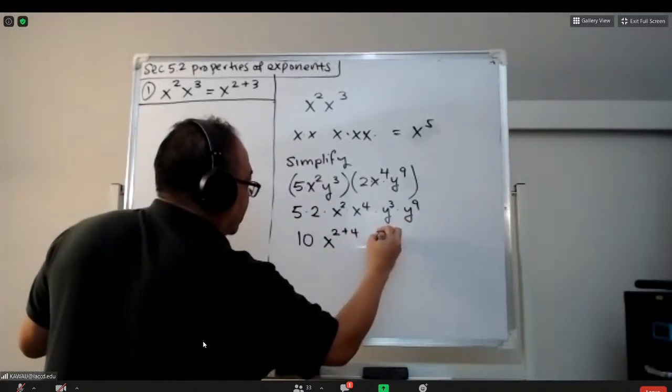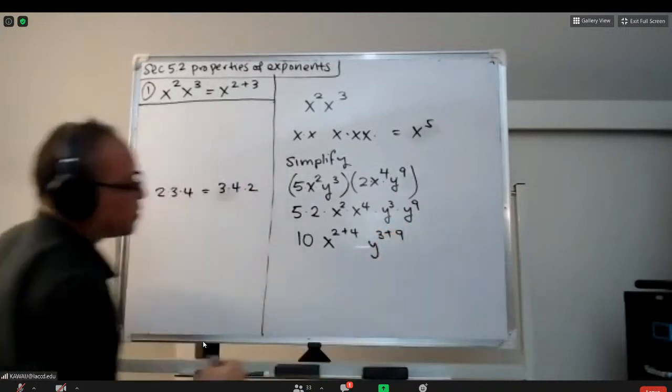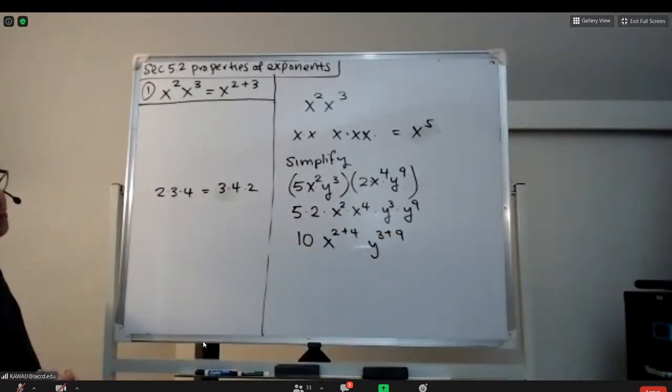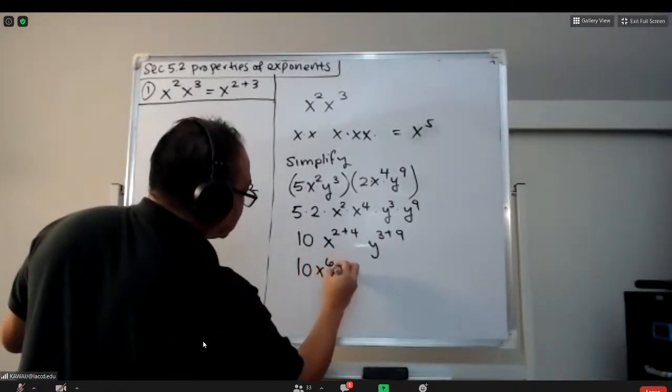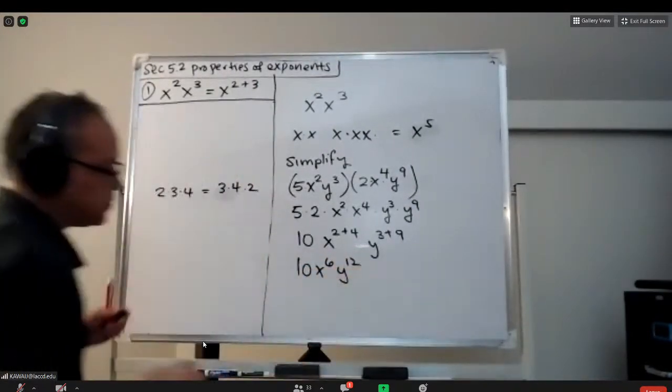When I combine them together, I should get this. So you get 10x to the 6, y to the 12.